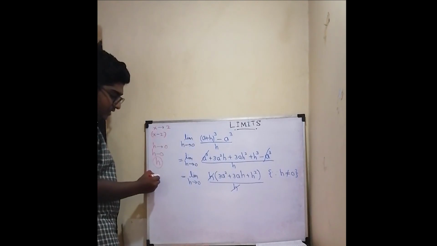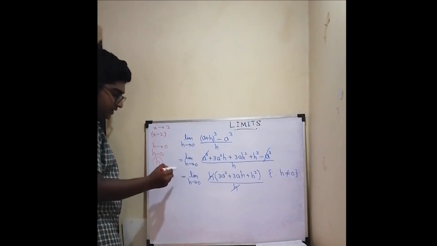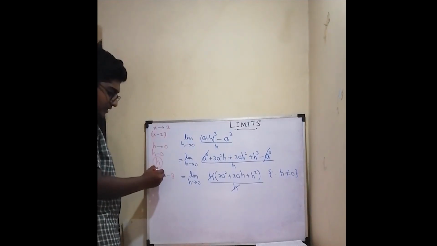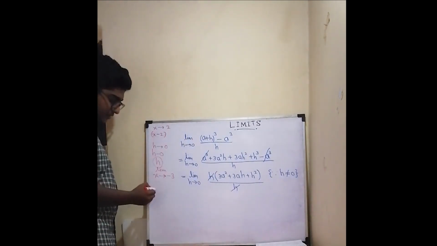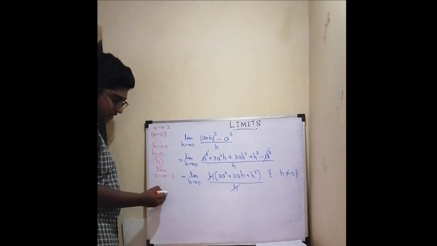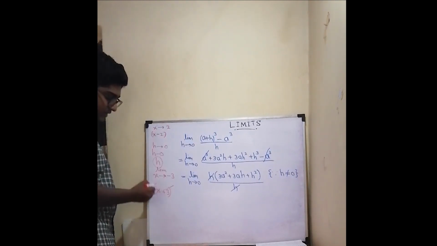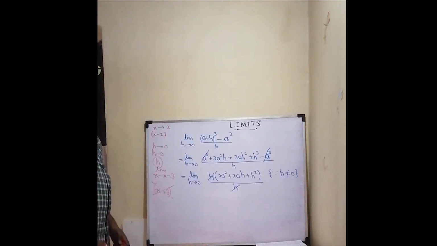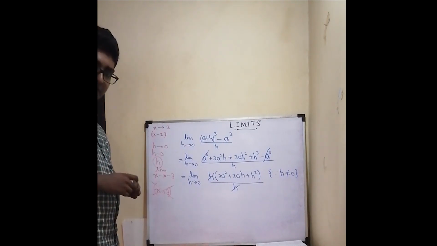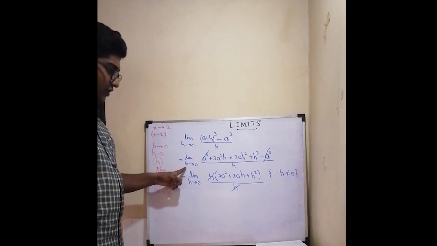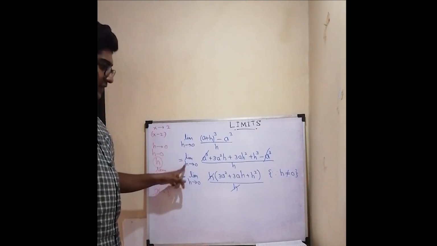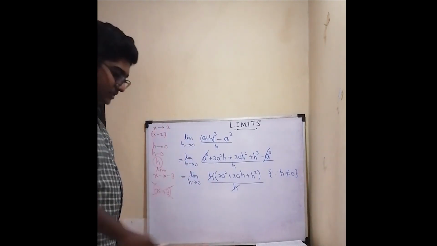Let's say you have x tends to minus 3, limit x tends to minus 3, take minus 3 to this side, it becomes x plus 3. This is the not defined part in your limit question. You have to cancel this part out. Here you have 0, you have h, you have to cancel h in the question.